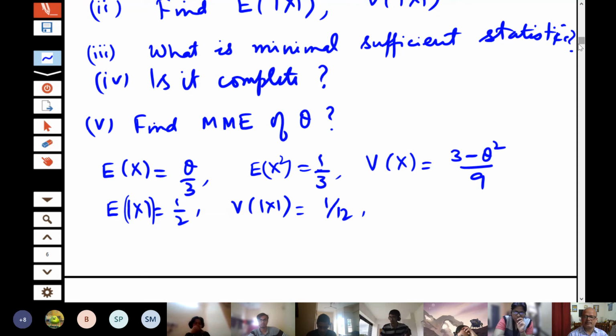Because I have defined the minimal sufficient partition by the equivalence relation. The equivalence relation is that x is related to y if and only if f(x; theta) by f(y; theta) is independent of theta, or free from theta. So writing down that definition, you should be able to get the if and only if condition.